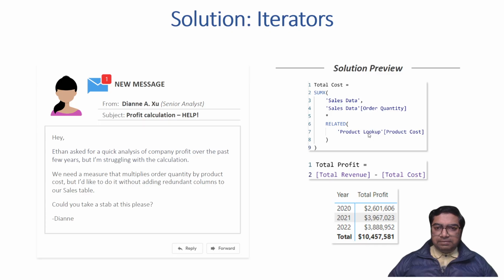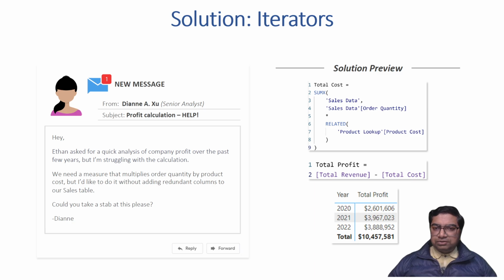So we require another DAX function, RELATED. With RELATED, we fetch the data from the other table that corresponds to this order quantity, so we can multiply them and get the total cost.